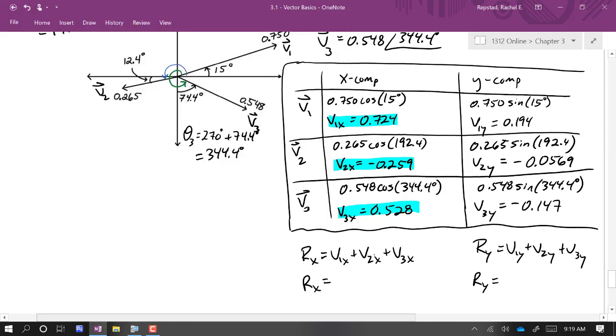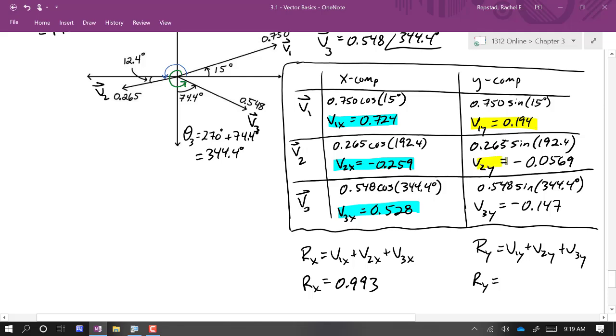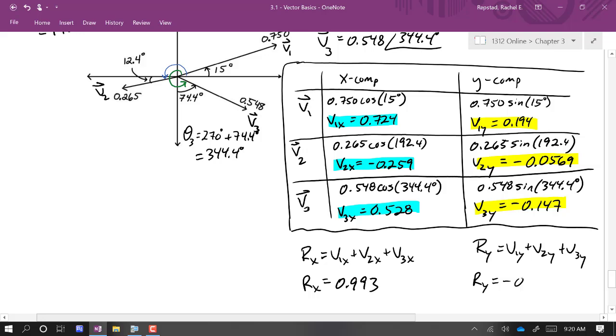You get 0.993. And for the y component, we're going to take these values and add them together. 0.194 minus 0.0569 minus 0.147, and we get negative 0.0099.